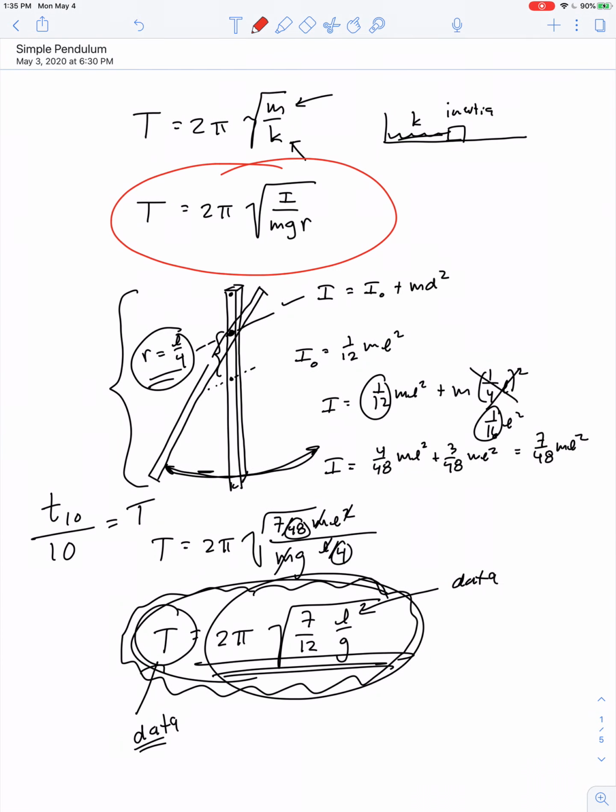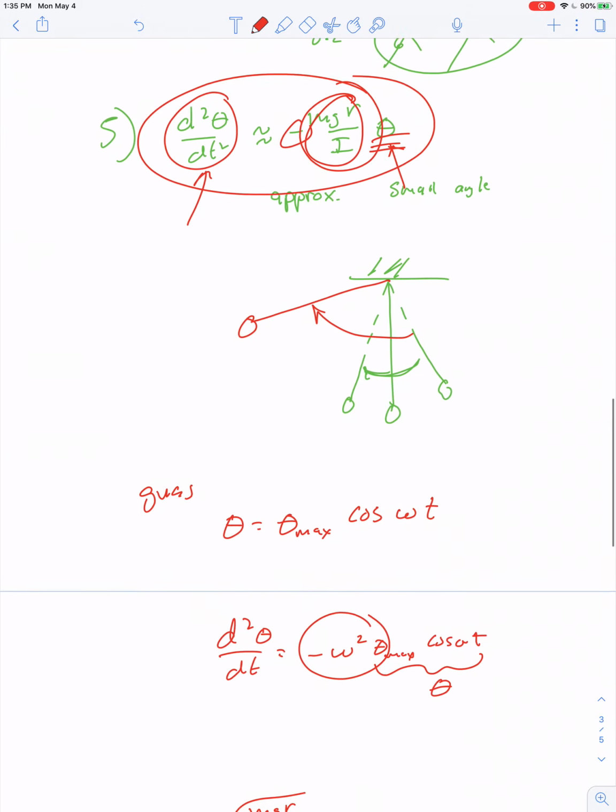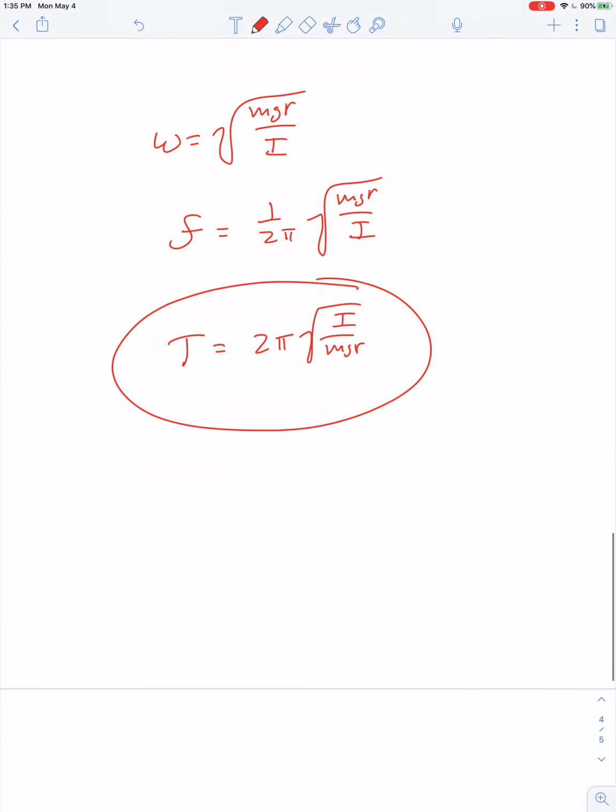All I'm suggesting is that the simple pendulum is a special case of the physical pendulum, but it's a special case for which we know without a doubt what the value of I and what the value of R is. For the simple pendulum, R is the length of the rope or the string, and I is I of a point mass, which is mr squared, or ml squared in this case.